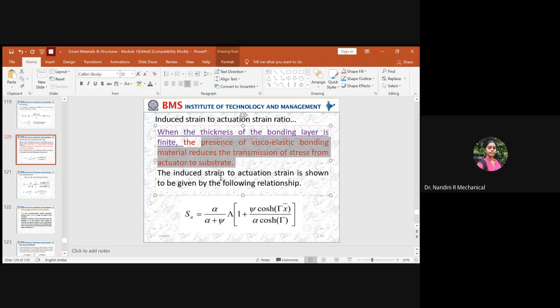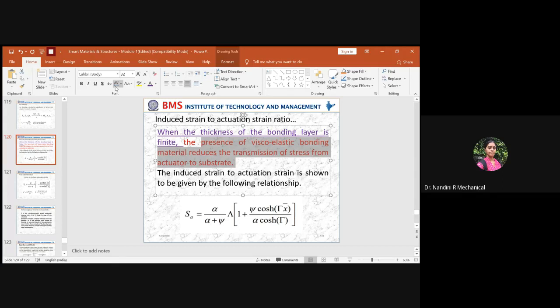If the bonding layer is of regular thickness between the structure and the piezo element, so you have a structure and a piezo element, and in between these two you have a bonding layer. If you have a properly fixed thickness of bonding layer used consistently, the bonding layer is usually made up of viscoelastic material, so it has some property to adhere.